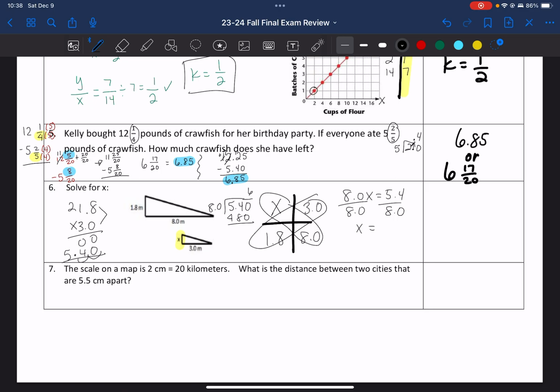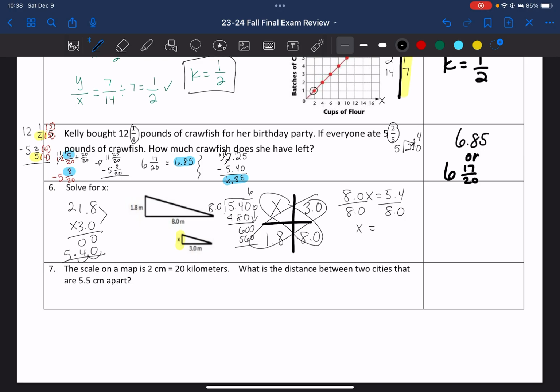Now 540 minus 480 is going to be 60. Add another 0, okay? And here, 80 times 7 is going to be 560.